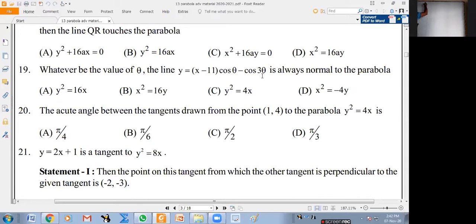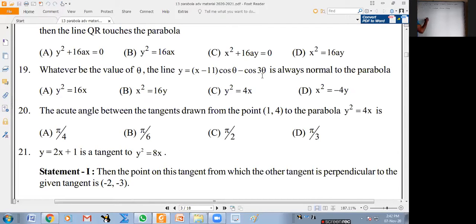Okay, 19. y equal to x cos theta minus 11 cos theta minus cos 3 theta. The formula for cos 3 theta is 4 cos cube theta minus 3 cos theta. That is y equal to x cos theta minus 4 cos cube theta minus 8 cos theta. Normally, we should have y equal to mx minus am cube minus 2am.